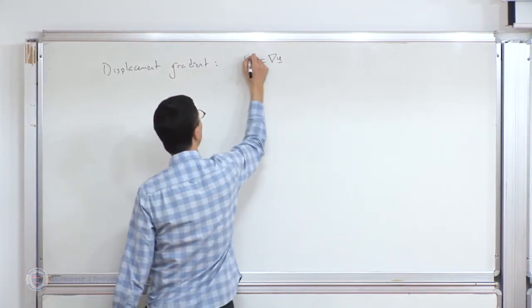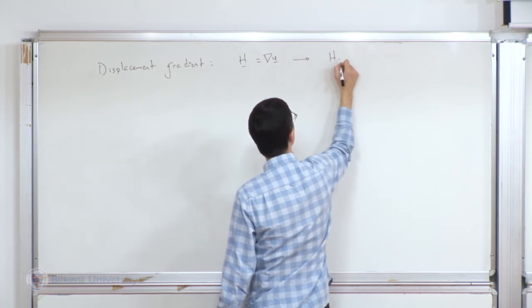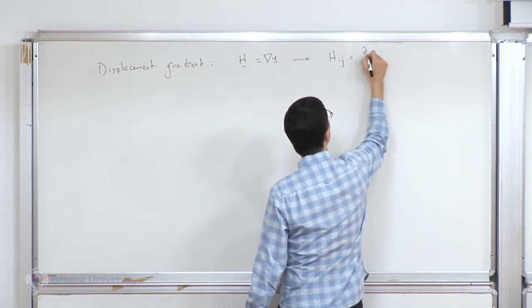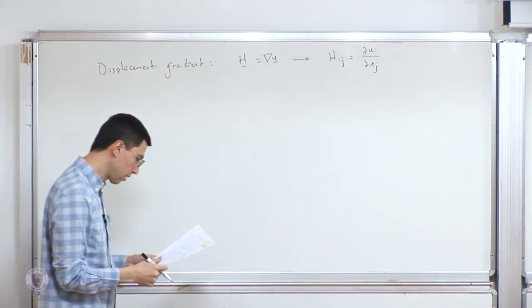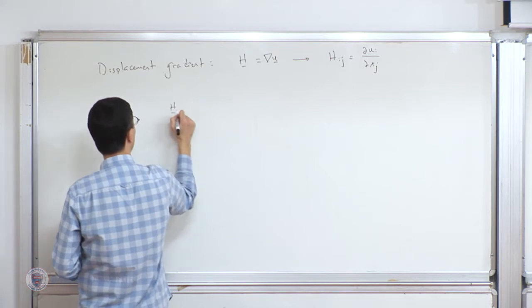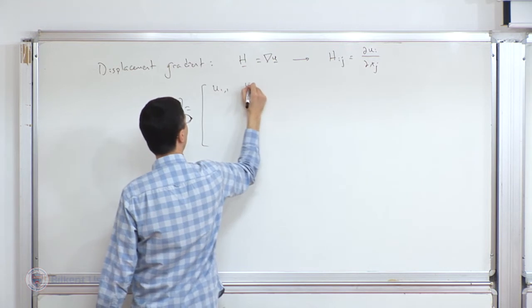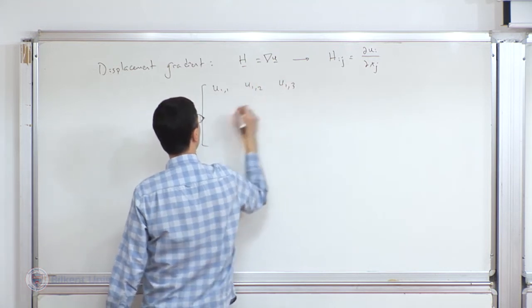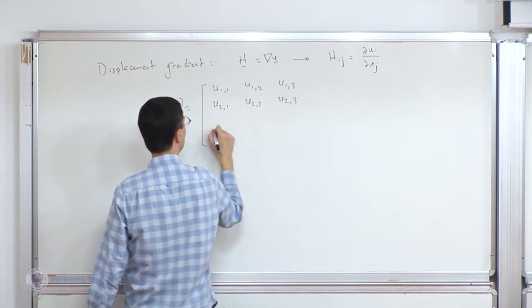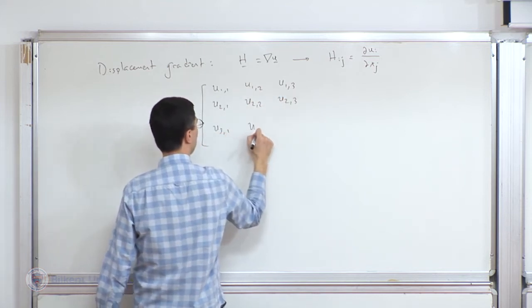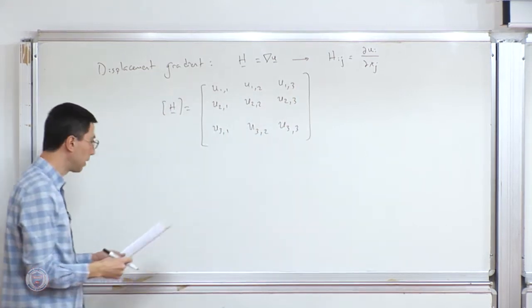I will call it H. And therefore, using the definition of the gradient, H_ij is equal to ∂u_i/∂x_j. I can put that in matrix form as well. H is u_1,1, u_1,2, u_1,3; u_2,1, u_2,2, u_2,3; u_3,1, u_3,2, and u_3,3.